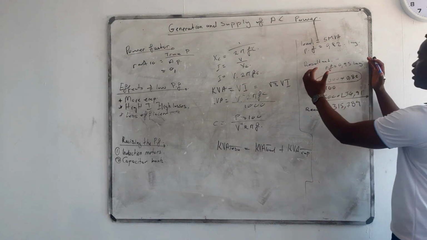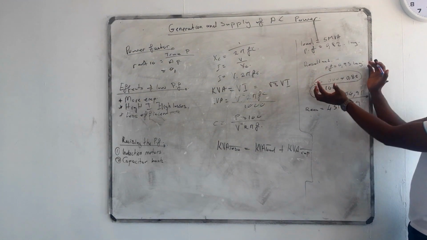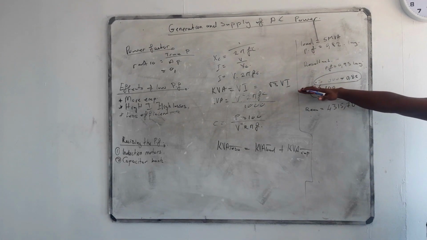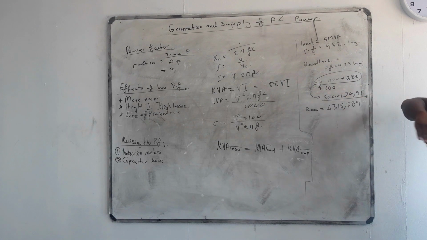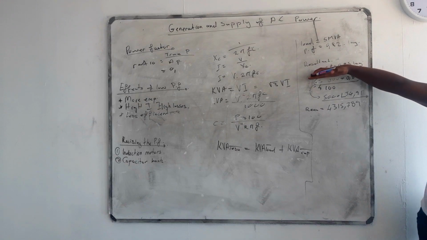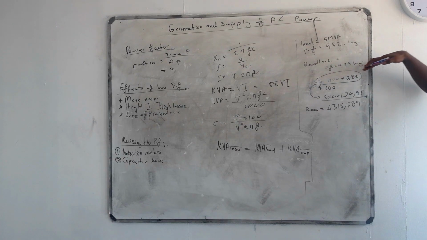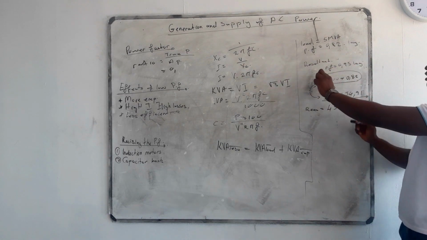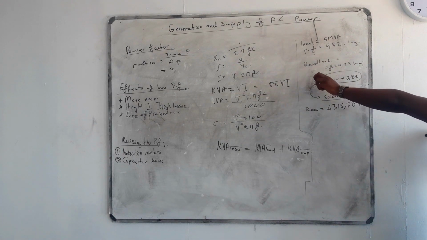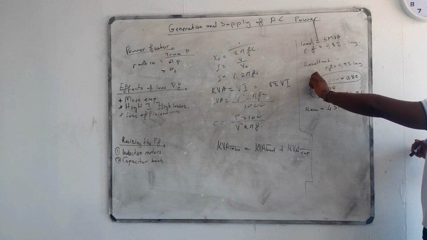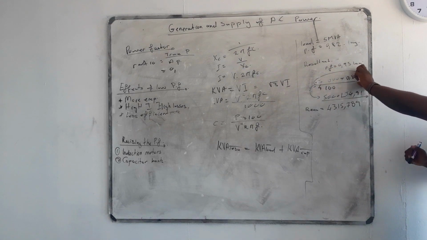Now, you see what happened. This 4,100 was the original power taken in by the load. 5,000 is the apparent power, which is not the correct power being taken. To calculate the correct power taken by the load, you multiply 5,000 by the power factor.